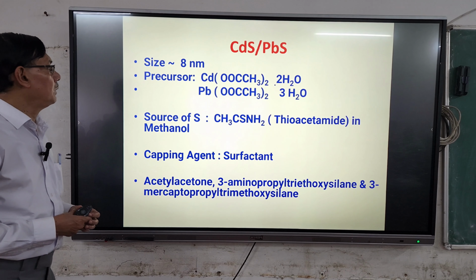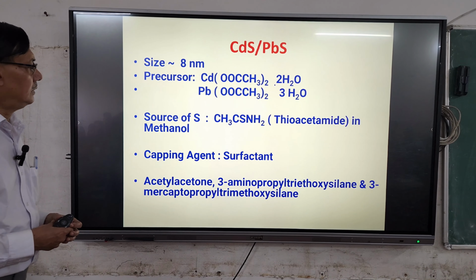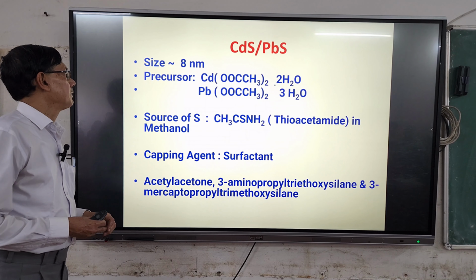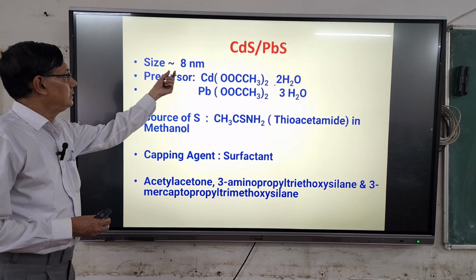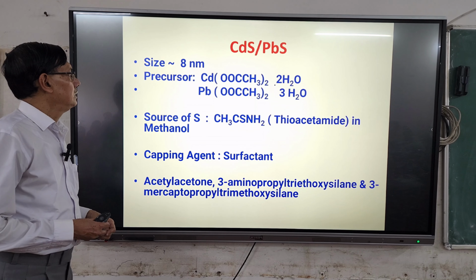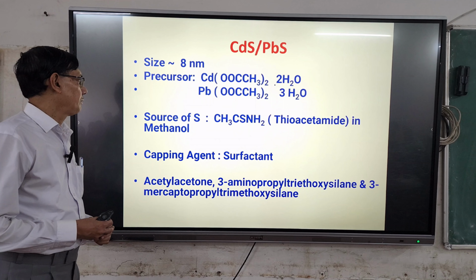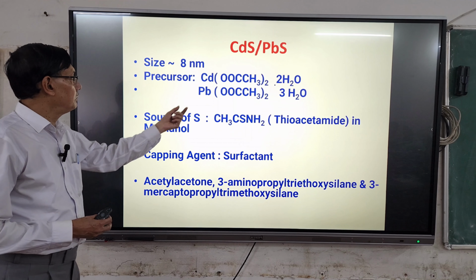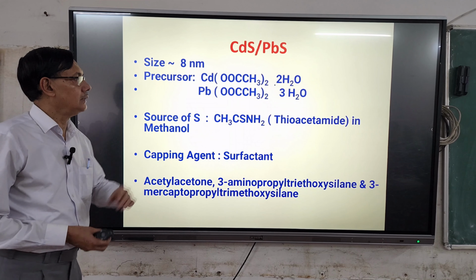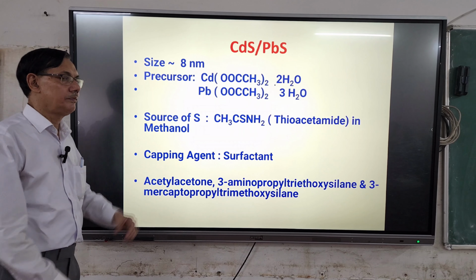Now I am coming to another method, which I think Dr. Manmohan and others are using, a simple method. They are not using dimethyl cadmium, I think. Here the size is 8 nanometer. Cadmium acetate as well as lead acetate, you know, and the source of sulfide is thioacetamide in methanol.